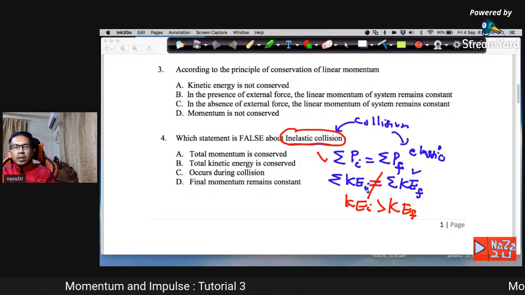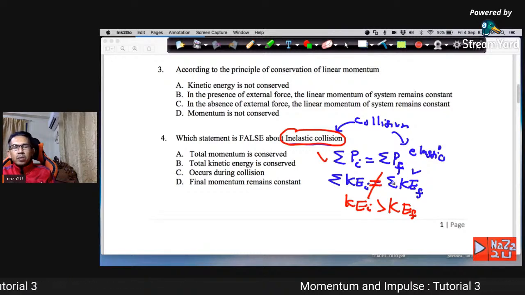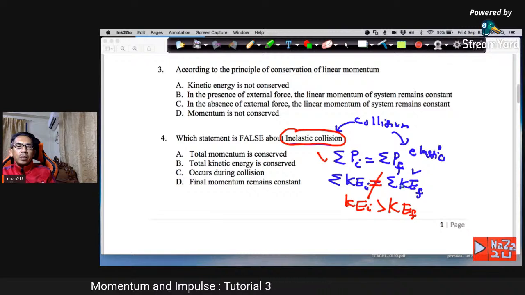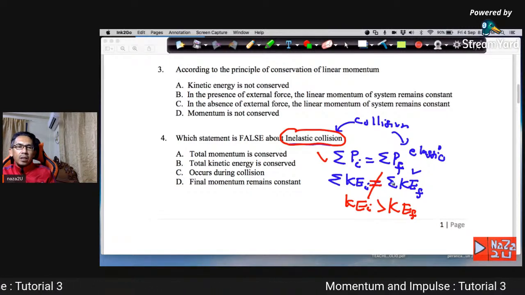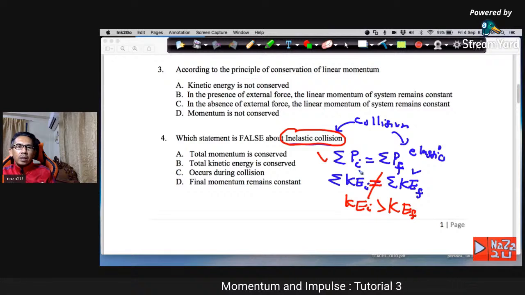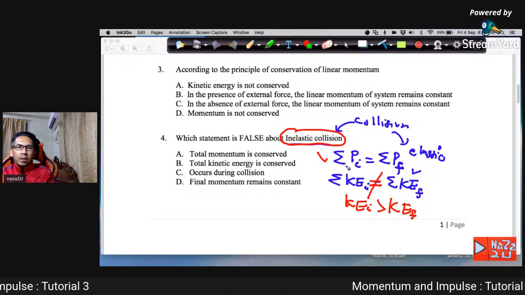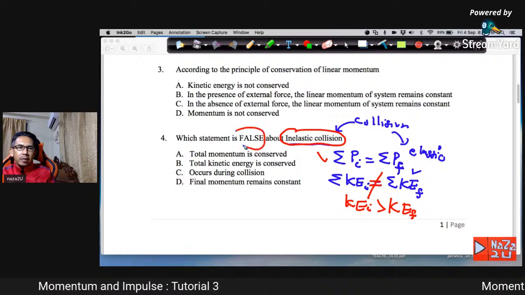Ataupun kita boleh katakan kinetic energy initial is not equal to total kinetic energy after. Ataupun kita boleh katakan total kinetic energy kalau yang elastic conserve. Okay, dia kalau yang inelastic sebaliknya. So kat sini dia kata false statement.